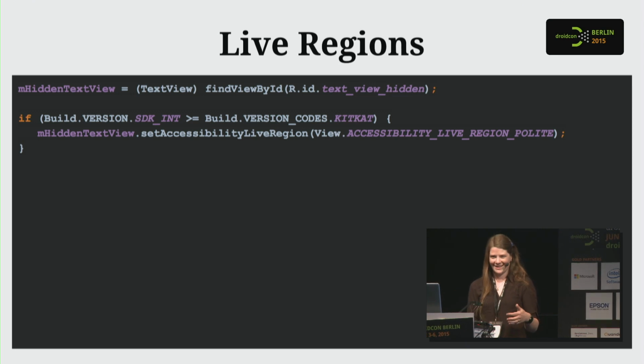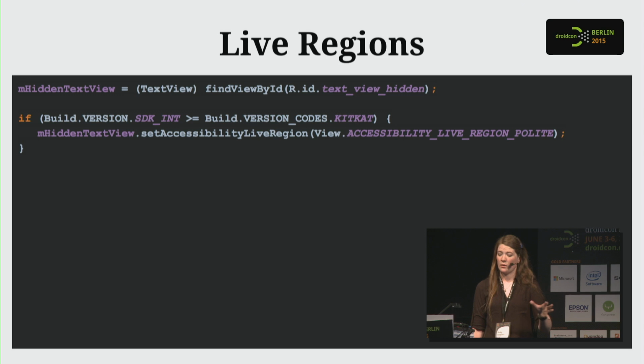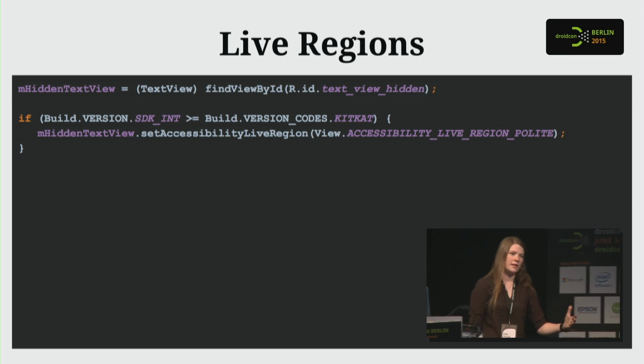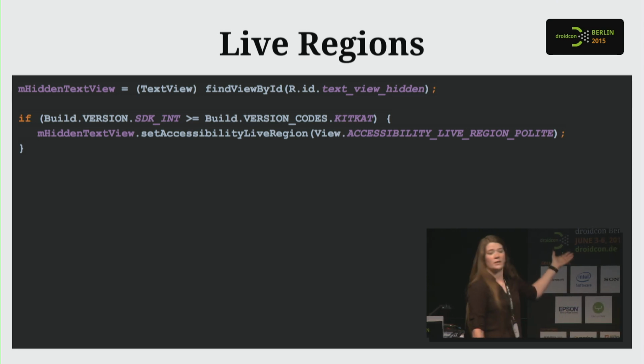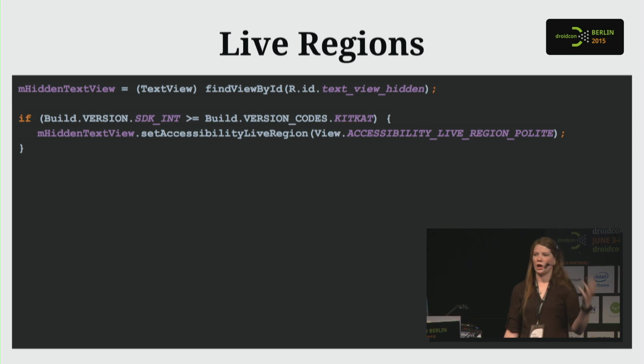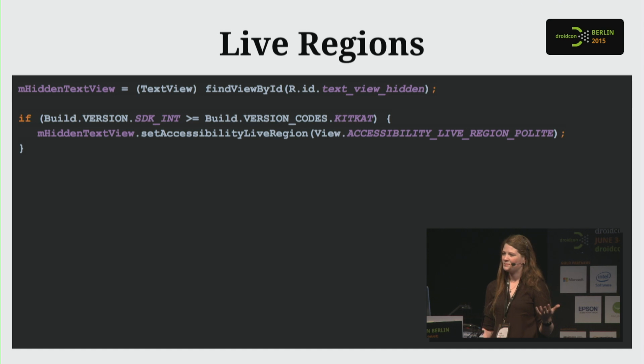Unfortunately, when I tried it in this example, it didn't work because it's only for updating the state. So my text right now says this was a hidden text view. If I updated it and added, yay, DroidCon Berlin to the end of it, then Talkback would automatically read it out. However, live region does not do anything when you toggle between invisible and visible or gone and visible, which is quite unfortunate, so you still have to set it manually.